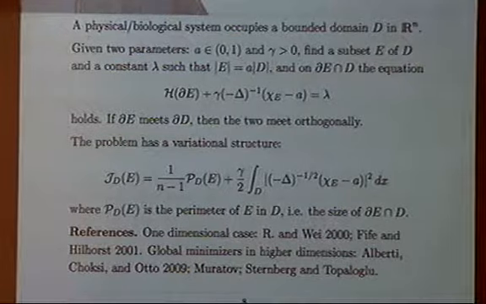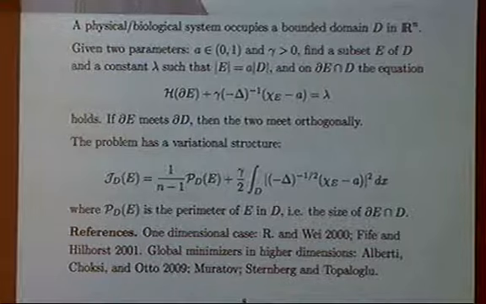And here the energy functional is like this, 1 over n minus 1, where n is the dimension of the space, times the perimeter of E with respect to D. This just means the size of the boundary of E which is inside D. Okay, so it's like the surface area.